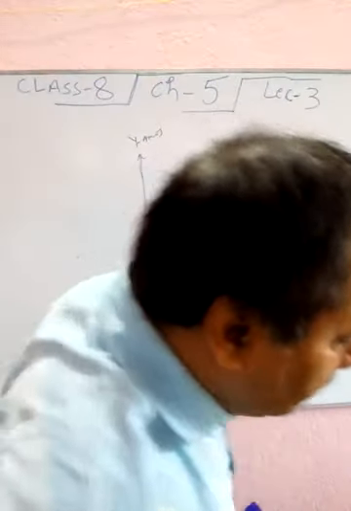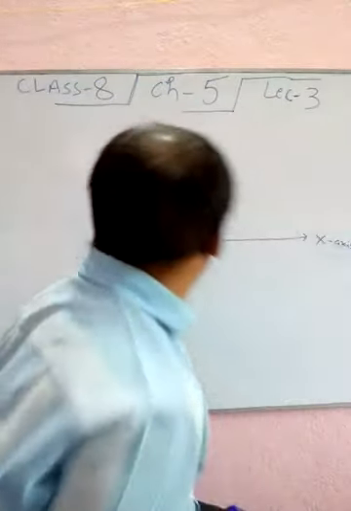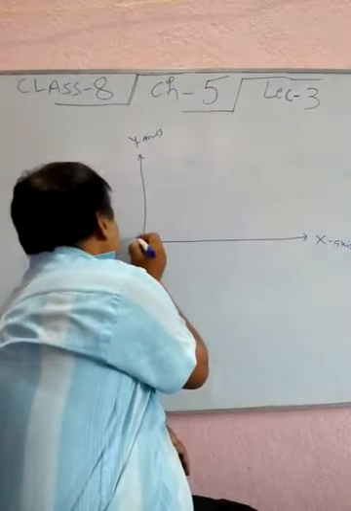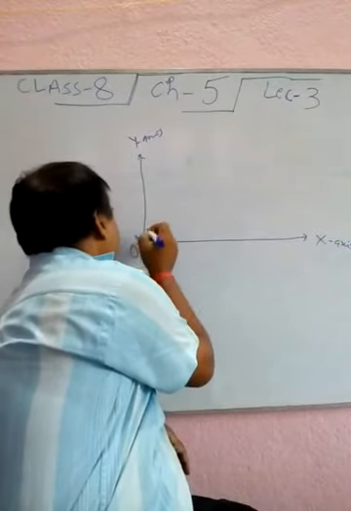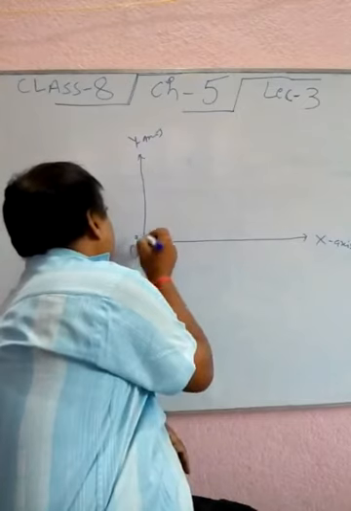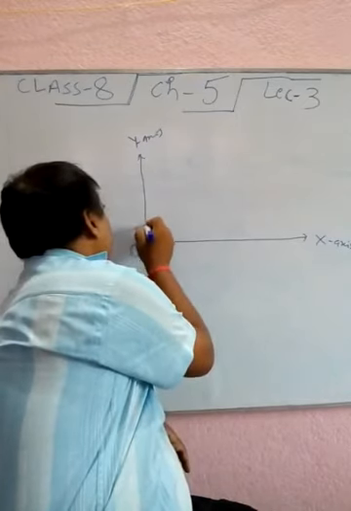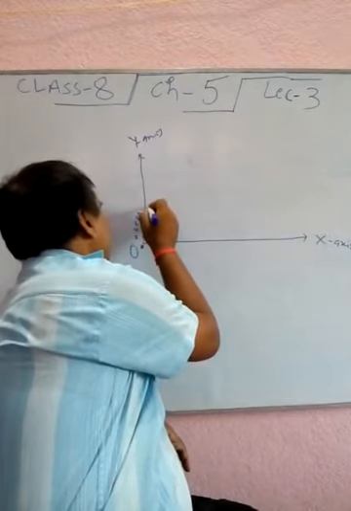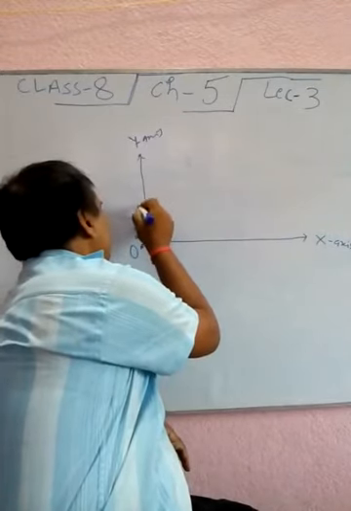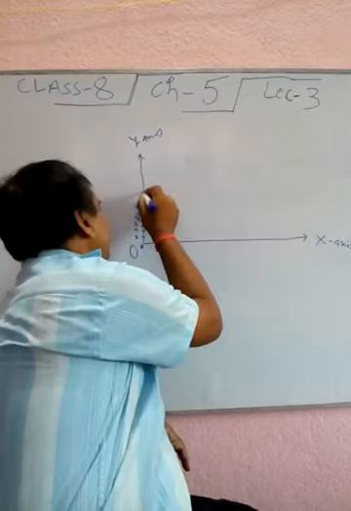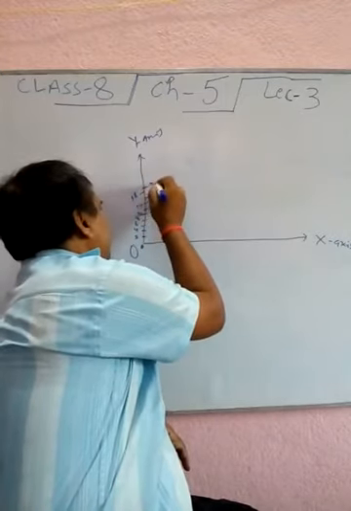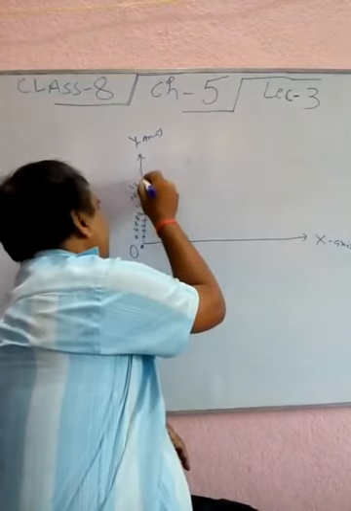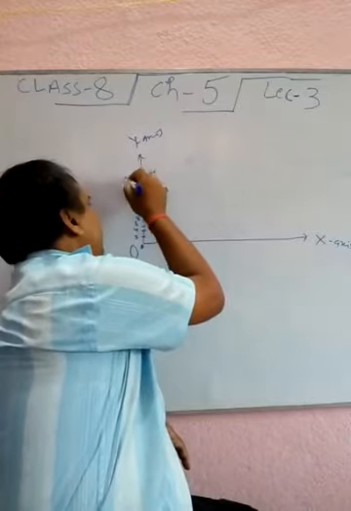The y-axis is marked from 0 up to 26 in steps of 2: 2, 4, 6, 8, 10, 12, 14, 16, 18, 20, 22, 24, 26.